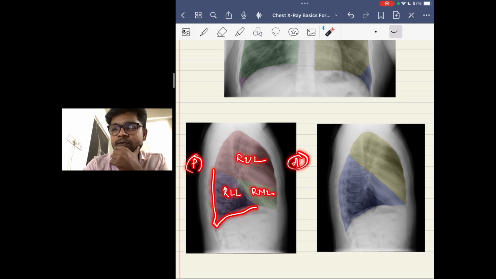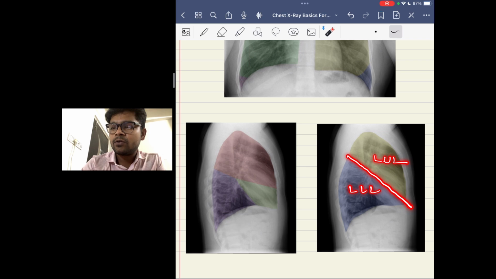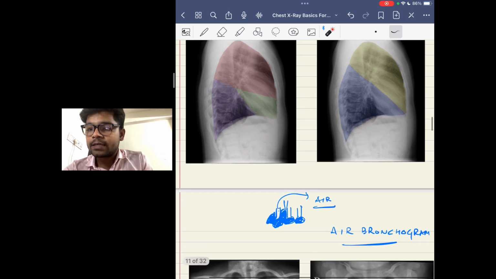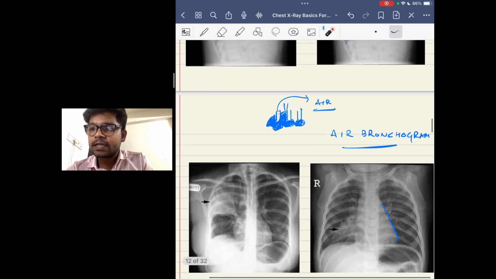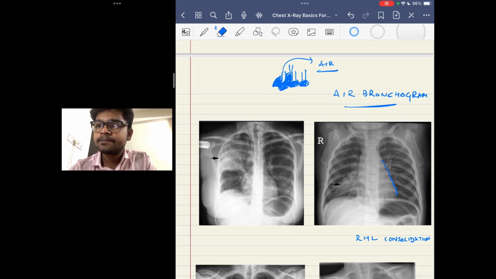So you see that to access the lower lobe, it is predominantly in the posterior aspect. And a similar thing on this side also. This is the oblique fissure dividing into the left upper lobe and the left lower lobe. It is predominantly a posterior thing, so it is seen like this on the lateral view of the X-ray. This is left lateral view and this is right lateral view. Right. With that, we have studied the air bronchogram here also. I am deleting this.